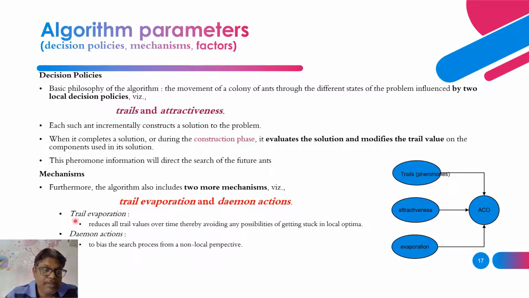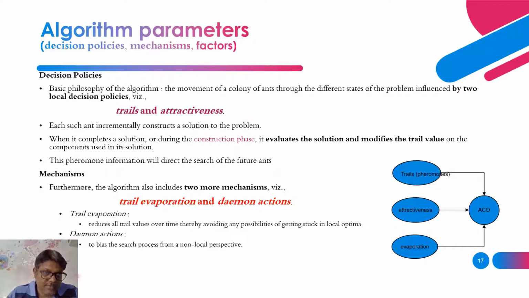So for that purpose, these two mechanisms have been included: trail evaporation and daemon actions. So from this we can understand that trails, attractiveness, and evaporation, and sometimes the third one is optional, are the three important decision policies or mechanisms involved in ACO.